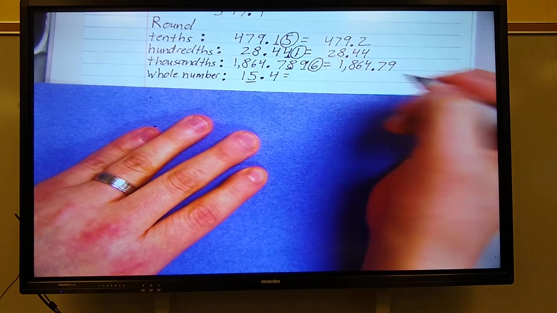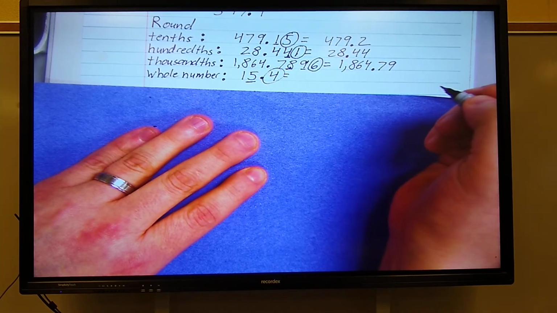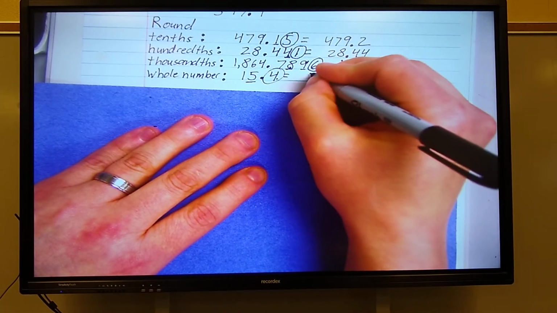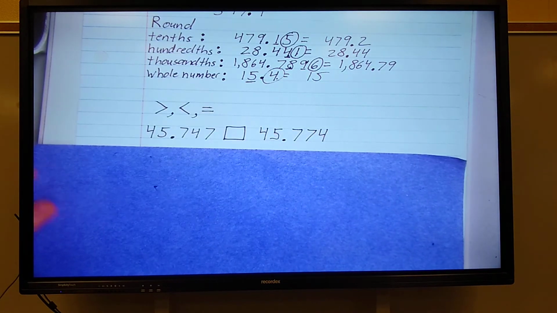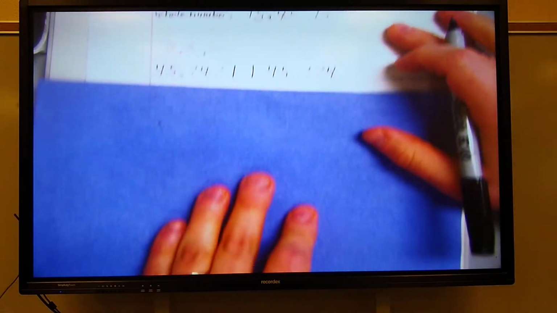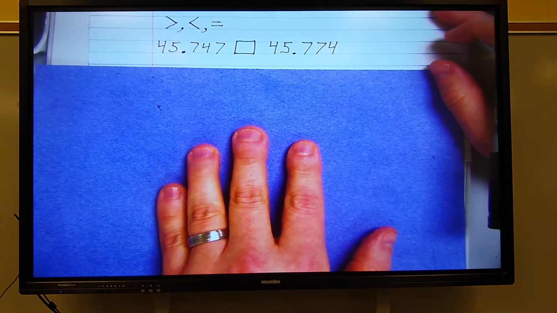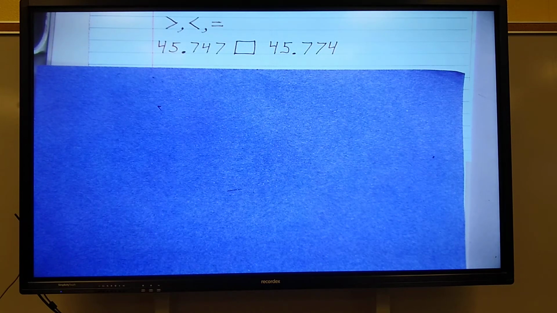Whole number is ones place. So I look at the tenths place. The 4 tells me to round down, so my answer is 15. Easy, easy, easy. Now, line these two numbers up and compare them, telling me greater than, less than, or equal to. Do that now. Pause the video.